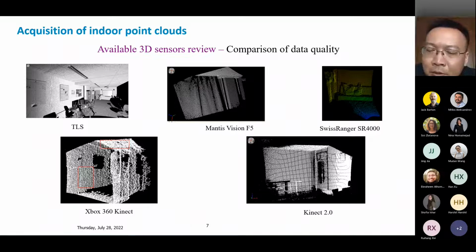I just showed multiple sensors for the 3-dimensional data set acquisition, but different ways have a different quality of the data set. So the normal LiDAR, let's say the terrestrial laser scanner, they have very good precision, and also the handheld scanner also have a good precision.